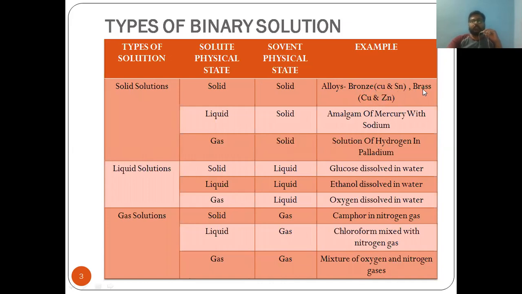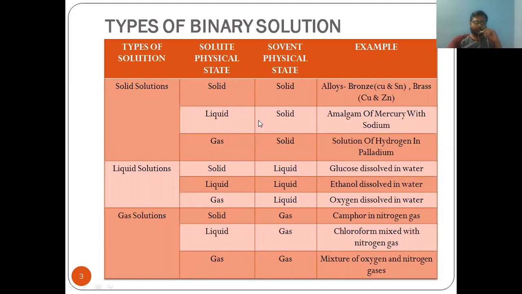So both in bronze and brass, the copper forms a homogeneous mixture with the other metal, whether it may be tin or zinc. Such alloys are the best examples of solid solution where solute is solid.